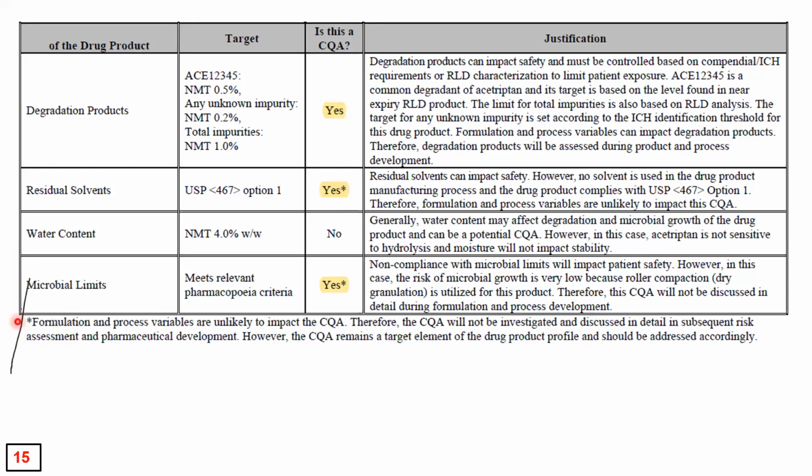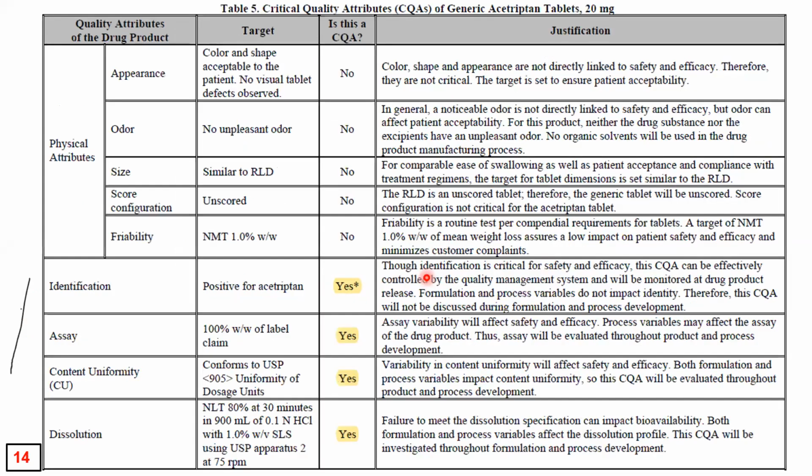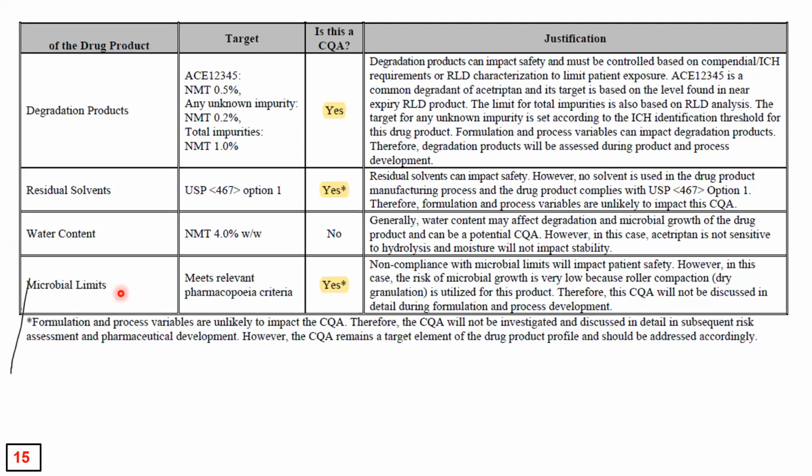Similarly, for microbial limits, they made sure that when the chemical came, they checked the microbial content and made sure it is less than the pharmacopoeial requirements, and then they proceeded. That is how identification, residual solvents and microbial limits were minimized at the beginning of product development, and they went on to develop the product with the control strategy.